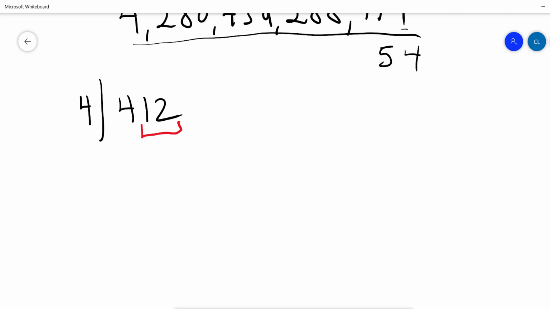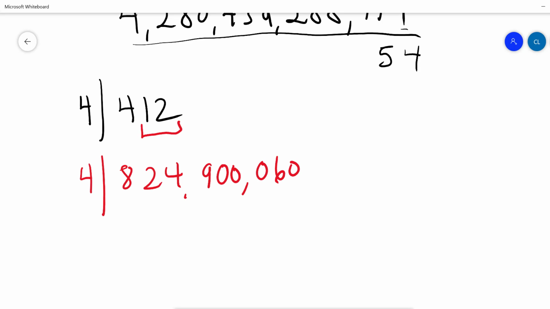So since 4 divides 12, 4 divides 412. We know that 4 divides 60, for example. So 4 would divide this number, 824,900,060.